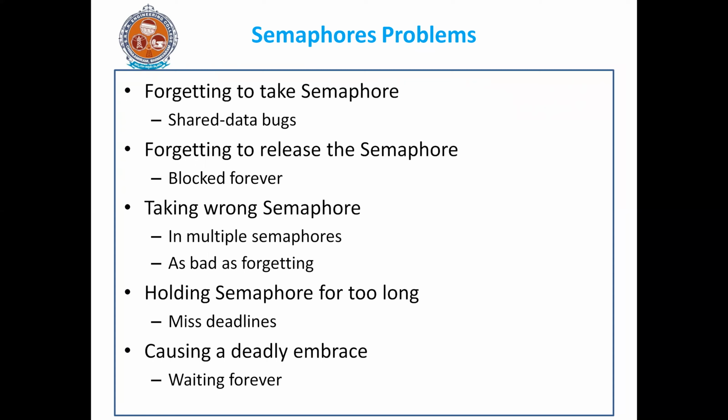We have already seen in the previous sessions how you get the wrong data without using the semaphore. So this is one problem: if you forget to take the semaphore, you get the shared data problem.